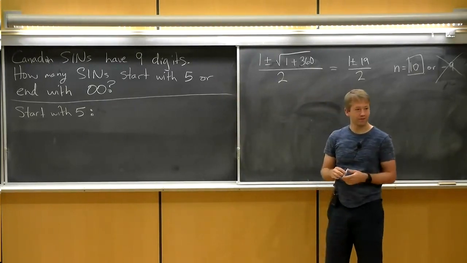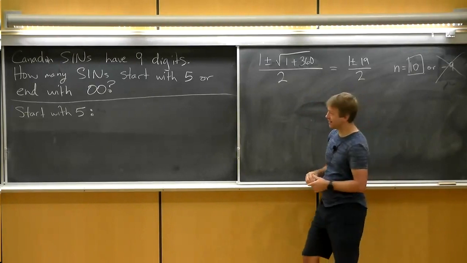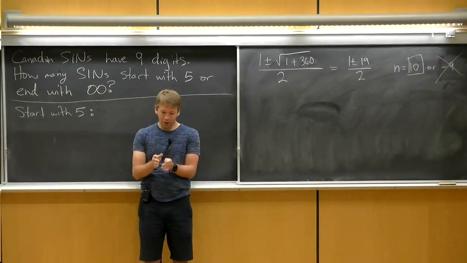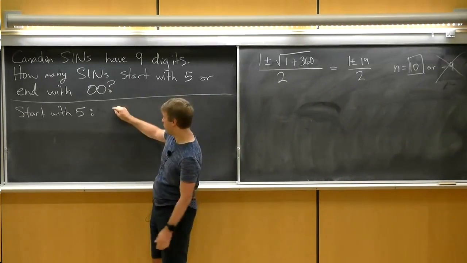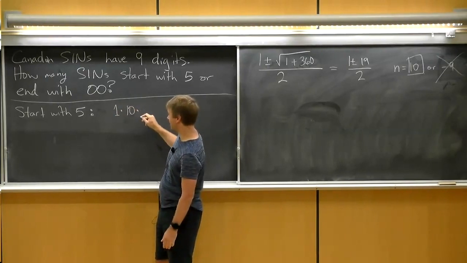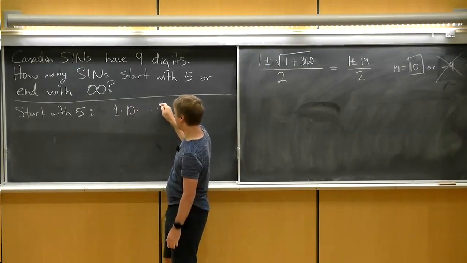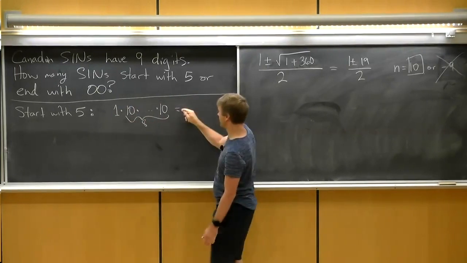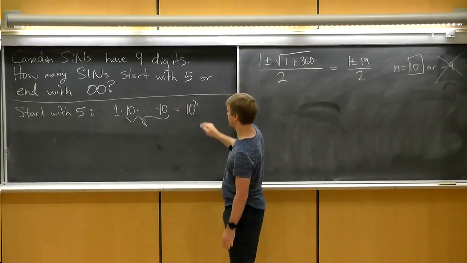Exactly, because we're saying it starts with a 5, so you have no choice for the 5. It's 1 choice for the first digit, 10 choices for the second digit, and so on. There's going to be 8 of these. So it's 10 to the power 8.